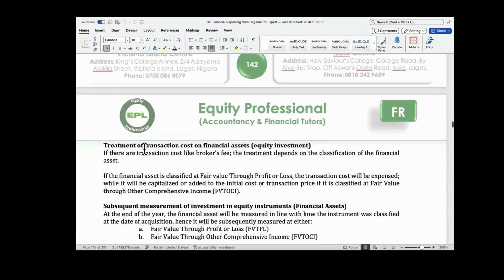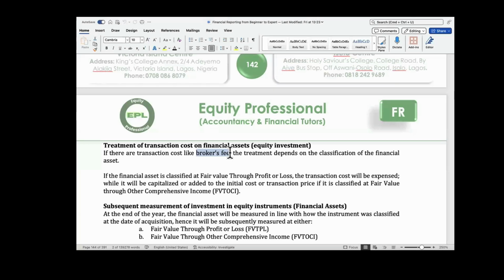Also, when you buy shares, when you invest in equity, you would often incur transaction costs, which are costs related to broker's fees. It's not possible for you to buy shares without incurring all these related costs. They will charge you. There will be stamp duties and other taxes.